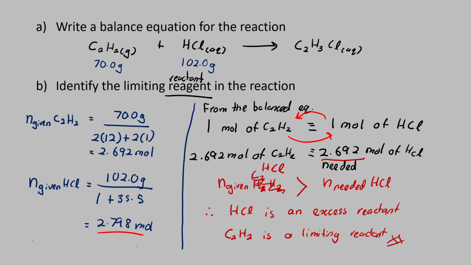Okay, this comparison is absolutely crucial for you to correctly identify which one is the limiting, which one is the excess. So like I said, only do one, then you know whether that one is excess or limiting, and then the other one is the opposite one.